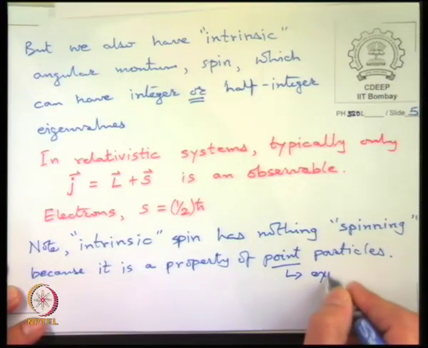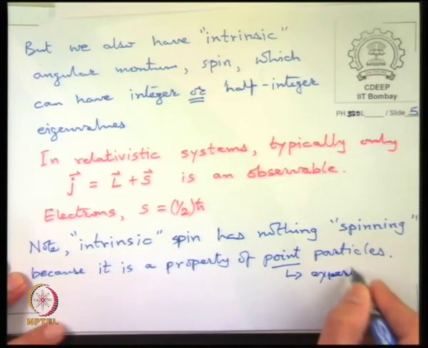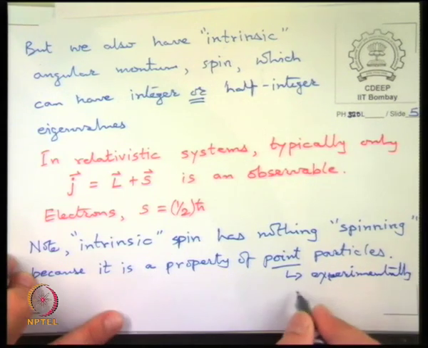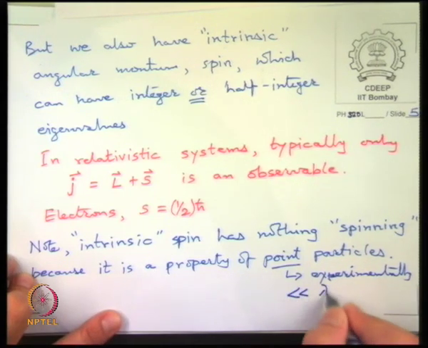And it has been probed to such scales much smaller than its Compton wavelength, and it doesn't reveal any structure to it. So electron has never revealed any structure experimentally.